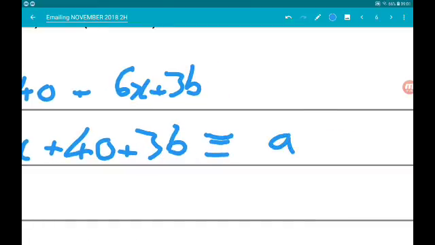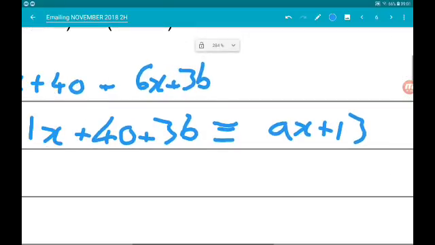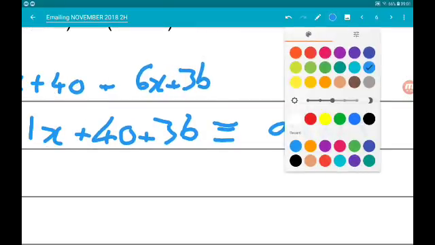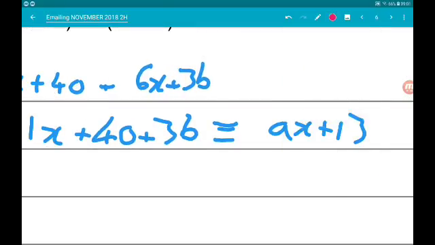So what this means is that we must have the exact same amount of x on the left as we have on the right, and we must have the exact same constant term, so the bit without any x, on both sides.